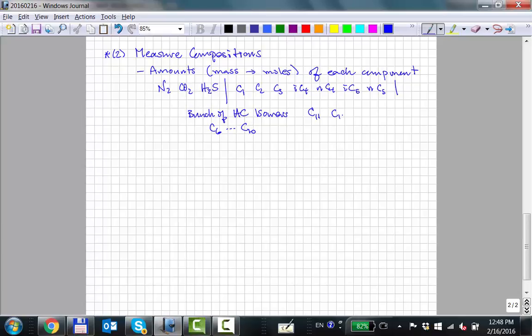And then you'll get C11, C12, C13. But don't think that C12 is just pure normal dodecane. It's got normal dodecane in there, but it's got other stuff as well. And that'll go out all the way to C N plus, some heavy amount.